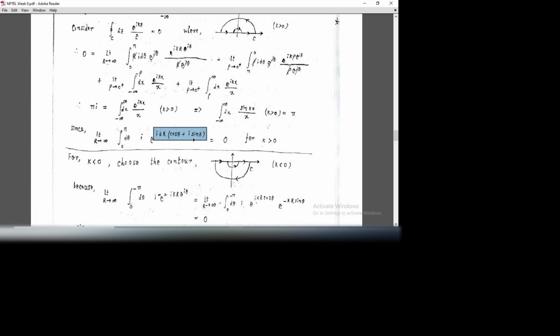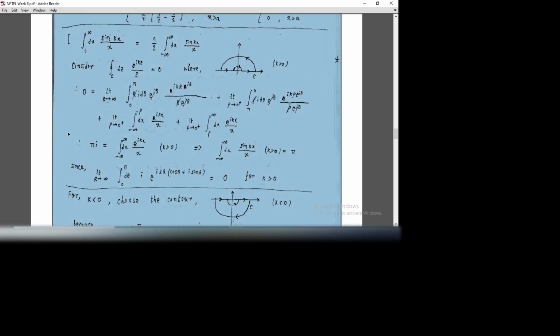Now, as we just saw, sin theta is positive on the upper half plane, r is positive, and k is also positive. That means this is e to the power minus kr sin theta, since i multiplied by i is minus. So that means e to the power minus k sin theta multiplied by r. And at the limit r tends to infinity, this goes to 0, of course. So that means the contribution from the large semicircle is 0.